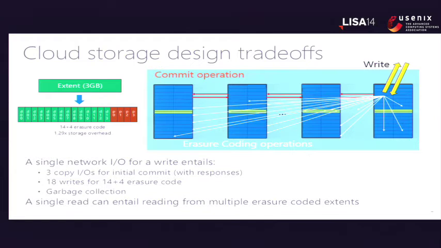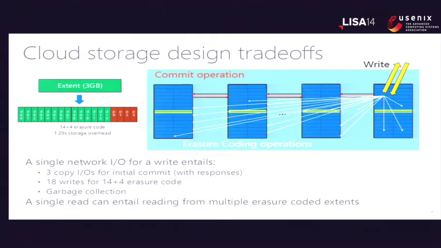There is a 14+4 encoding scheme that gives us about a 1.29x overhead. So think about that: you have only 30% overhead for getting data triple replicated. There's a nice paper on this that was published, I think last year in ASPLOS, so if you want to find out more details, you can go read that.